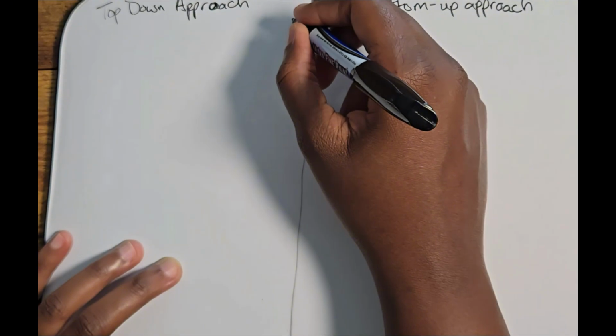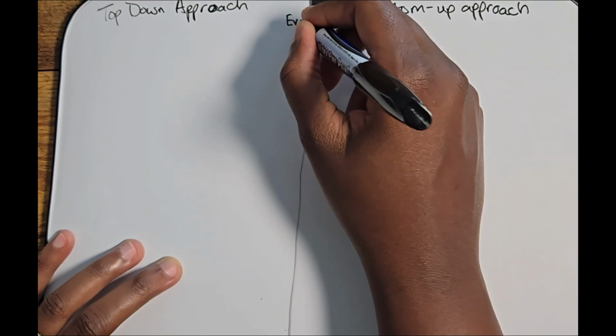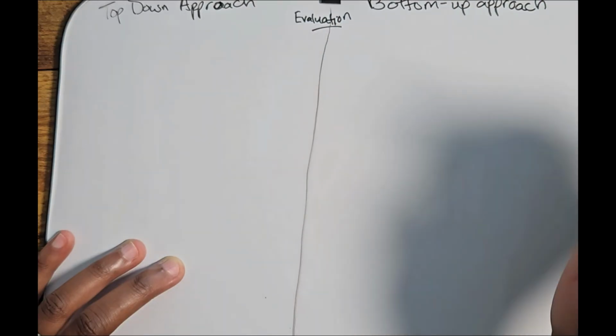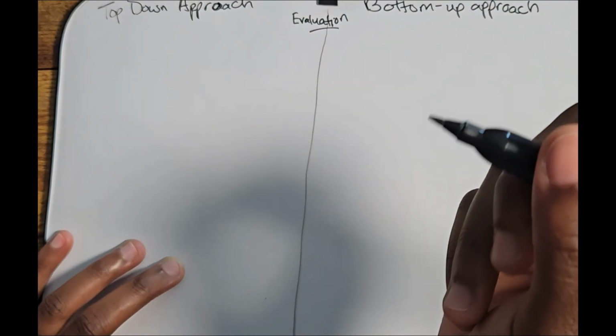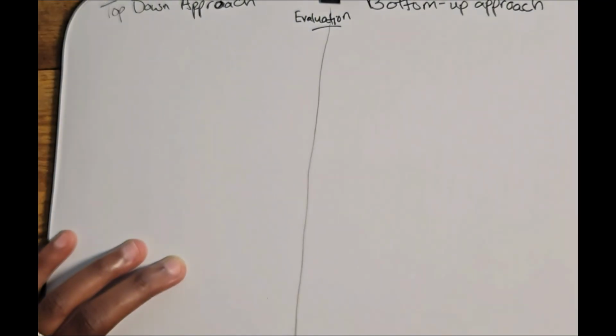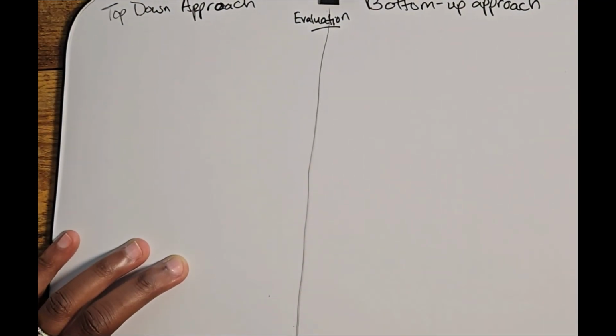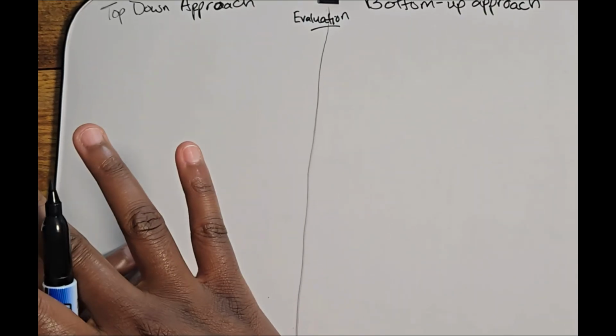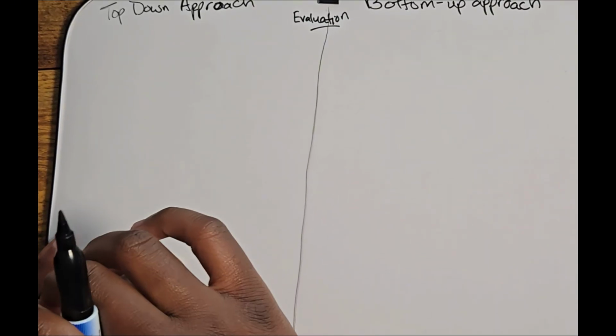And these two are both a type of evaluation. They're a type of evaluation approach. That's probably the best way I can really describe it to you guys. I'm going to try to make this as simple and as easy as possible.